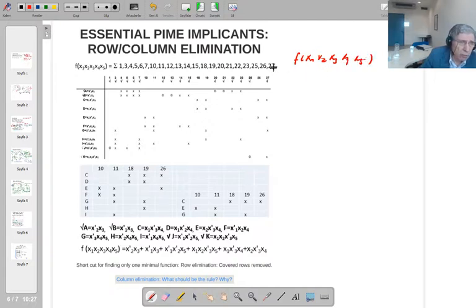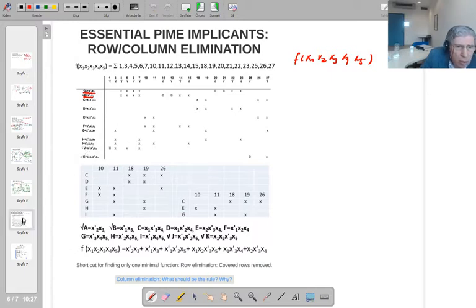Because the highest number is 27, in order to represent 27 in binary, you need 5 variables. Now, by just looking at these circled multiplication marks here, we can find out the essential prime implicants. This is an essential prime implicant, and this is also an essential prime implicant. So there are 2 essential prime implicants.